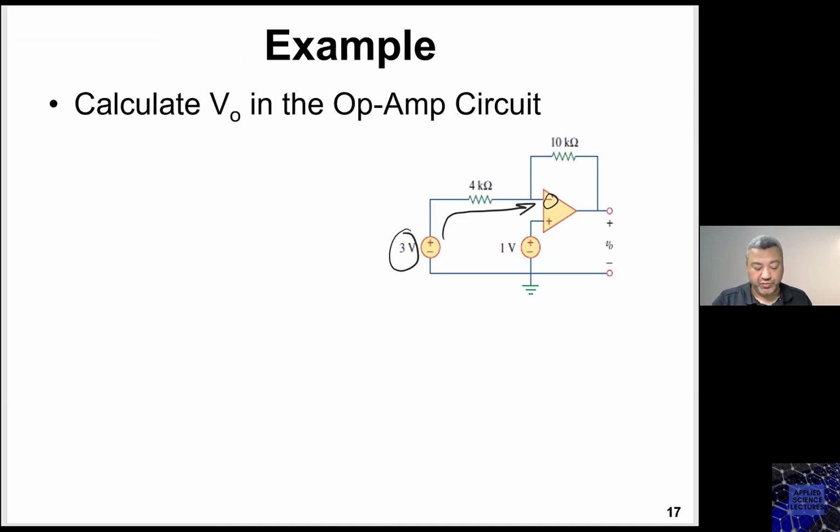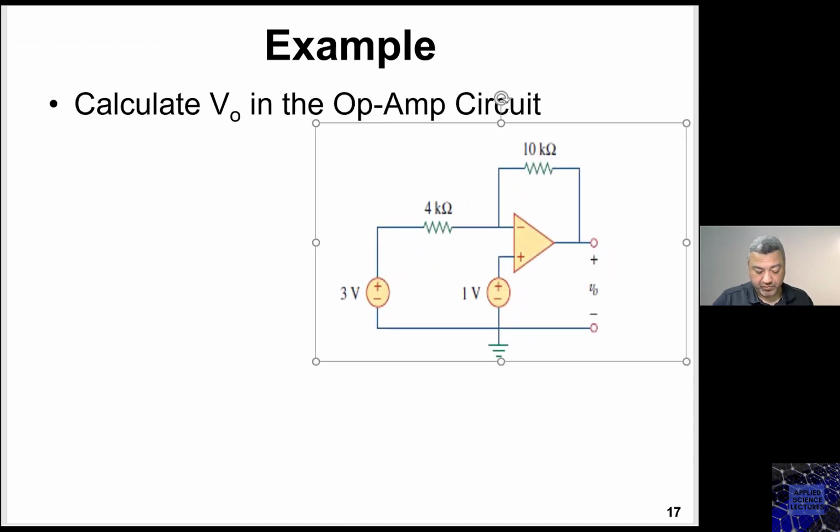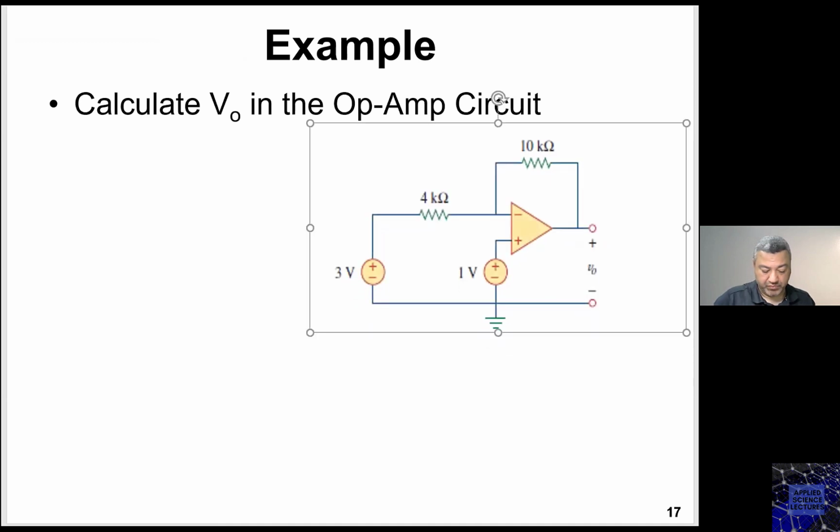Now let's apply the two rules we talked about and solve for V naught, which is the relationship of V naught with respect to the input. What are those two rules? No current is drawn by the op amp, so this is 0 ampere.